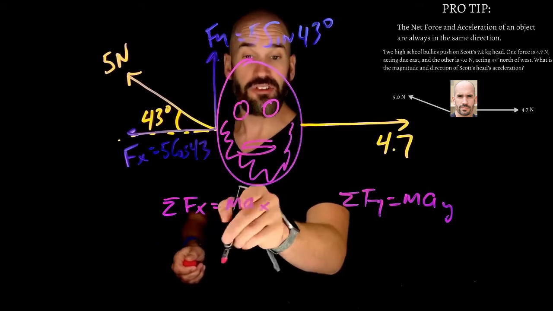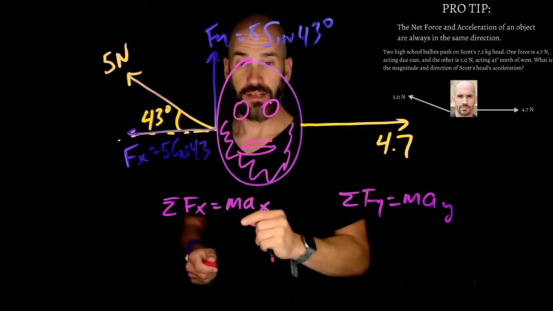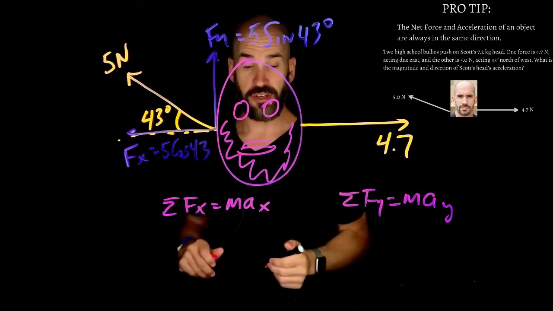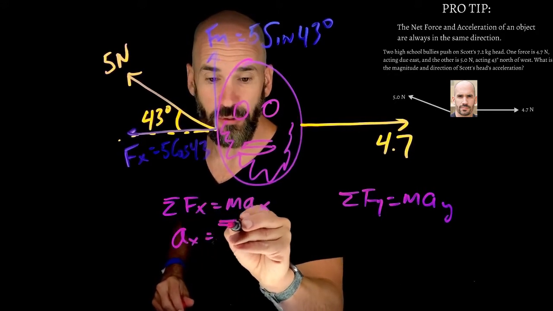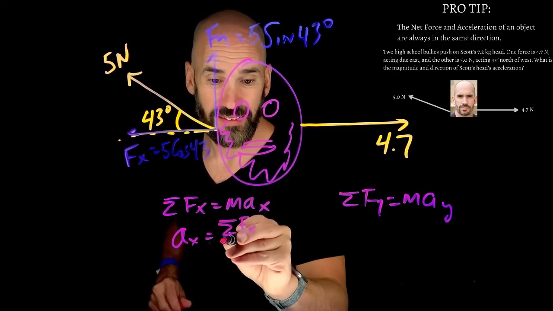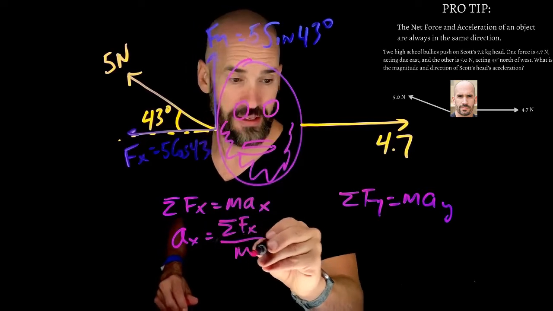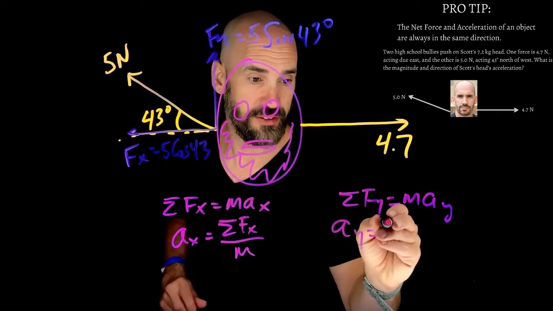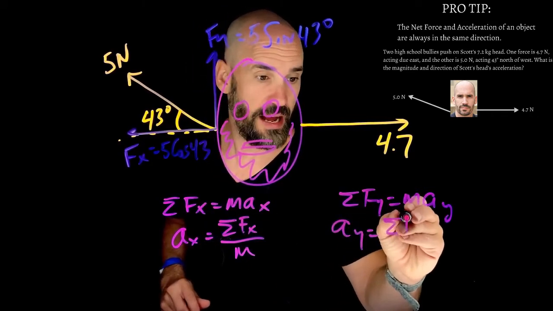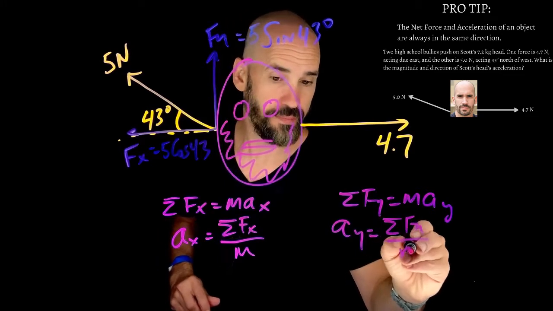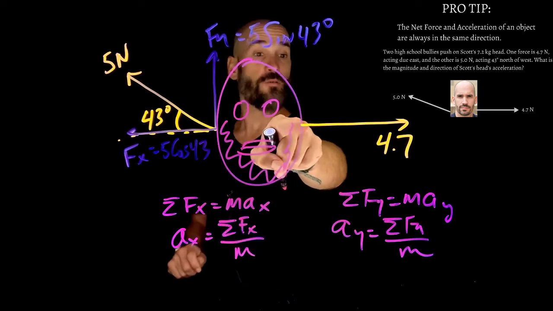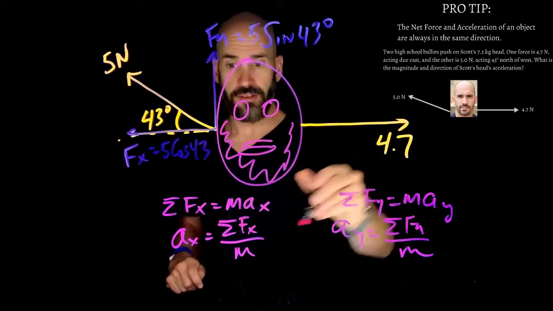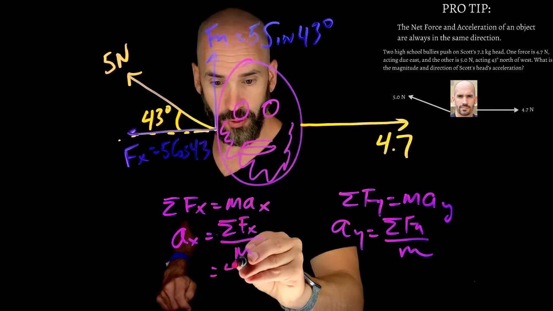And I actually want to find ax and ay, because I'm trying to find the acceleration of my head. So ax is just going to be the sum of the forces in x, or my net force in x, over m, and ay is just going to be the sum of the forces in y over m. Well, what's the sum of my forces in the x direction? I have 4.7 going this way, so that's 4.7.